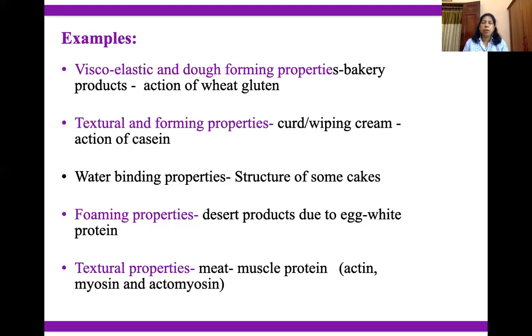The other one is the water binding properties in the structure of some cakes. When you prepare a cake, the porous structure can entrap water because of the protein. When we learn about protein structure, you can understand how these proteins bind with water molecules by hydrogen bonding.